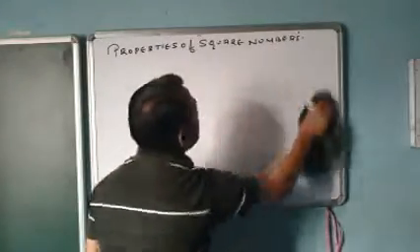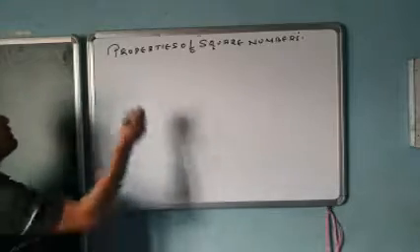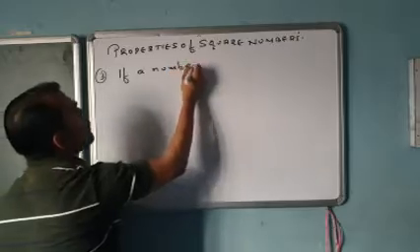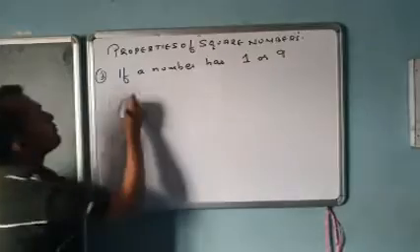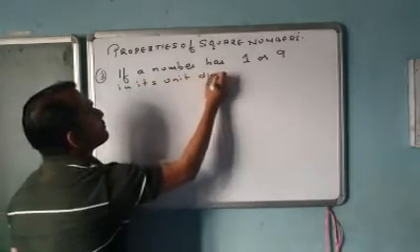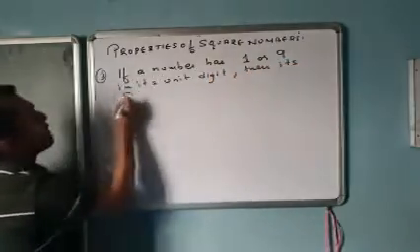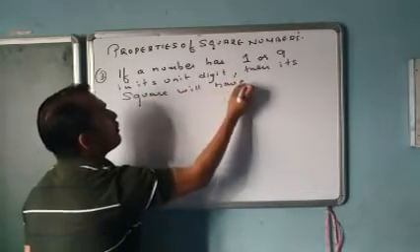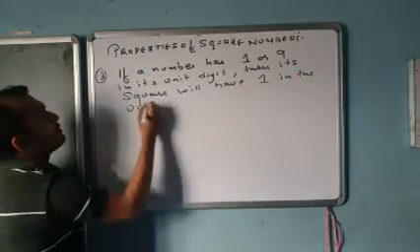Now property number 3. If a number has 1 or 9 in its unit digit, then its square will have 1 in the unit digit.